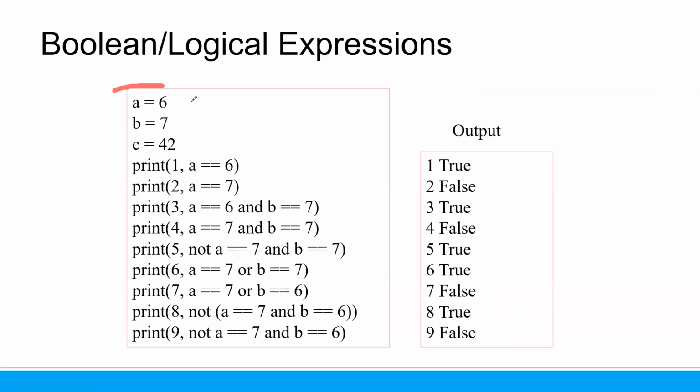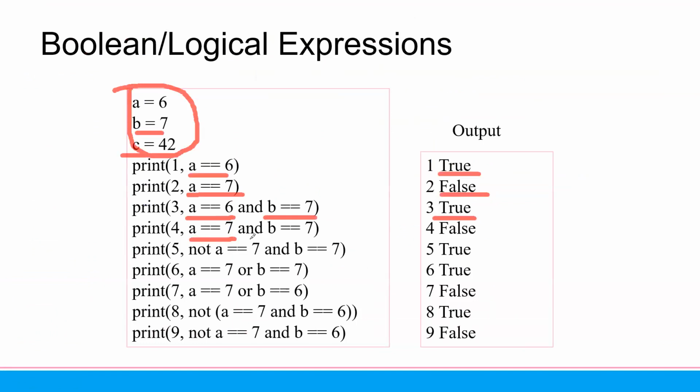So here is another example. I have A equals to 6, B equals to 7, and C equals to 42. So the first one, A equals 6. Okay, this is true. A equals 7, false. A equals 6 and B equals 7, true.